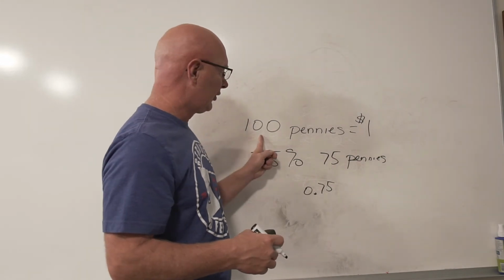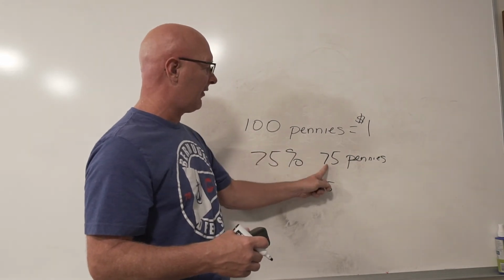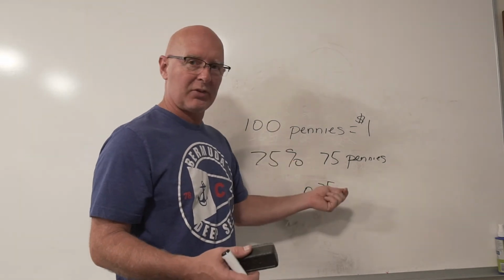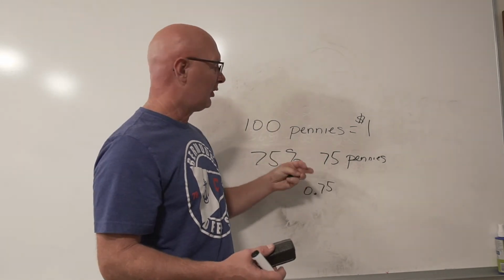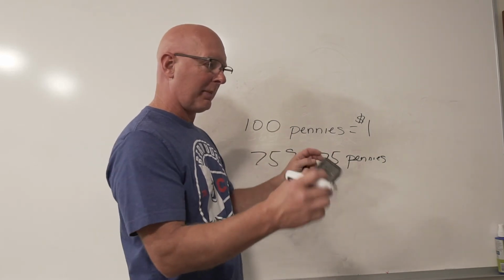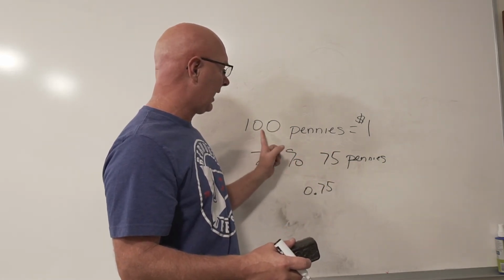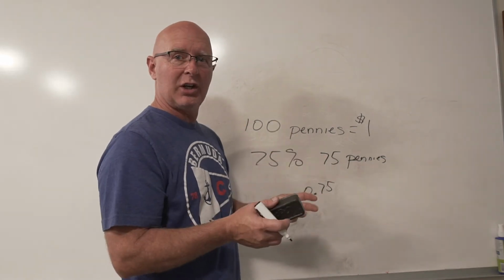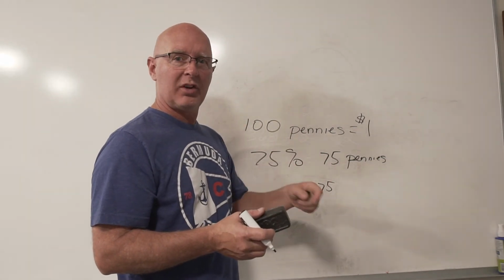So 100 is our total in this case. If I said 10%, that would be 10 pennies. If I said 20%, that would be 20 pennies. So if you start thinking about percentages at the basic level, related to a dollar and 100 pennies, you're pretty close to understanding what percentages are doing.